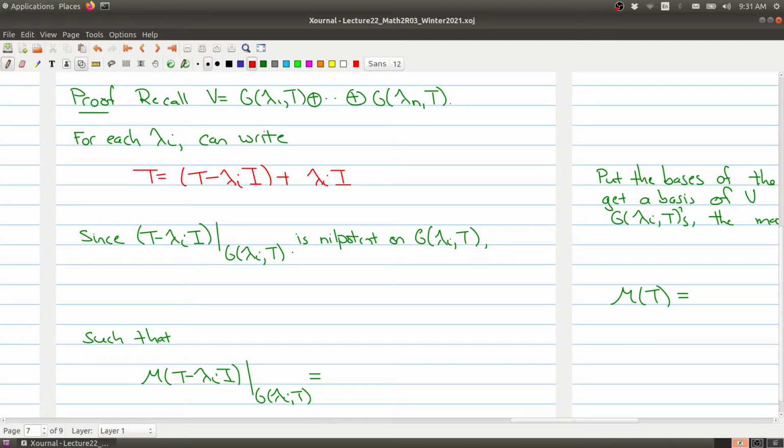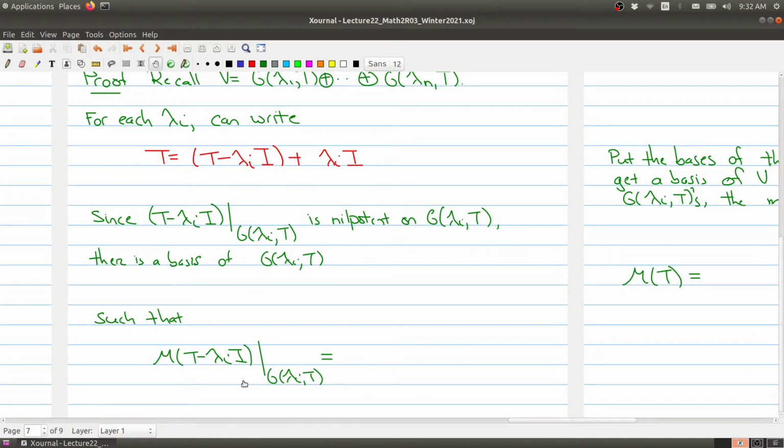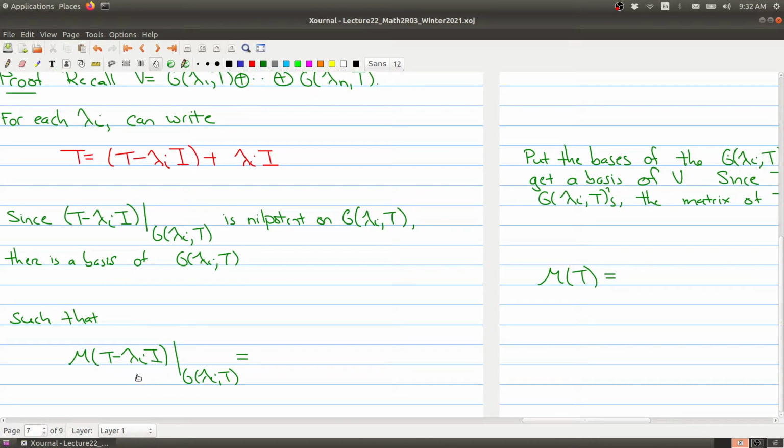So that means, from our last lecture, that there is a basis of this generalized eigenspace such that the matrix associated to this linear operator, restricted to that subspace, has the following form.